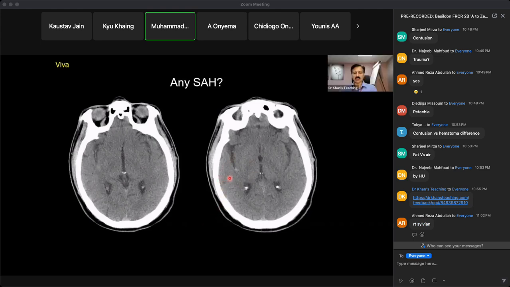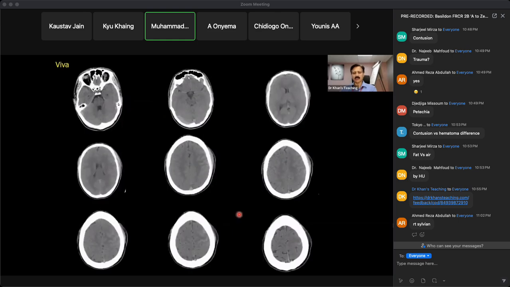So this is the Sylvian fissure, right? Yeah, but on the first slice as well, I think there's a bit of high density in the subarachnoid space. Okay, fine. So basically, subarachnoid hemorrhage in the Sylvian fissure. The history of trauma in this case was about 4 days old.